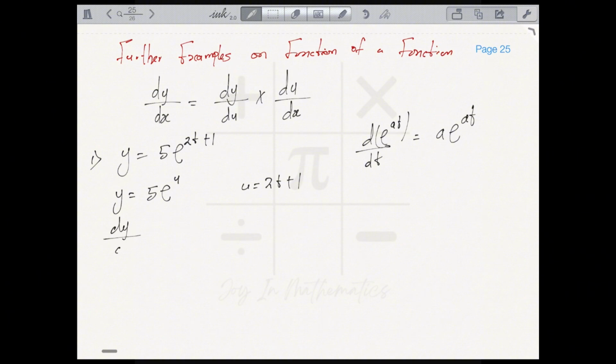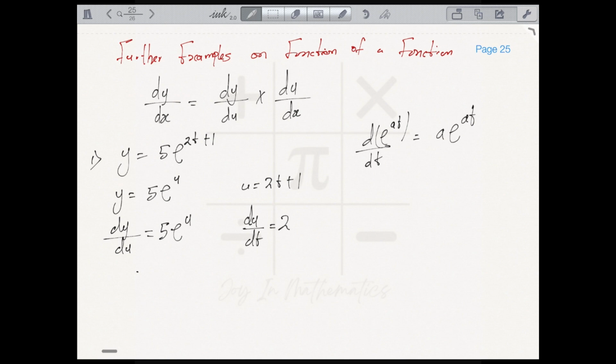Now we can evaluate dy/du, and we can also evaluate du/dt. du/dt is equal to 2, and dy/du will be 5e^u, because when we differentiate e^u, we'll have e^u.